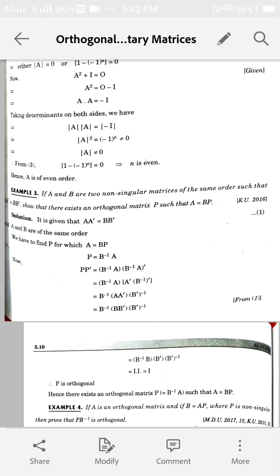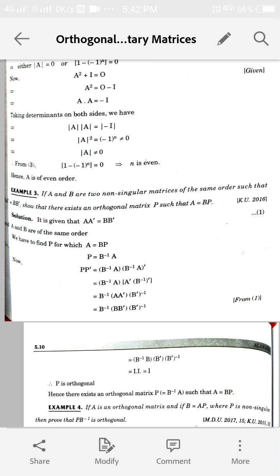Now we are to prove that this matrix P is orthogonal. So we multiply it with its transpose. So we find the value of P into P transpose. Now we can write P into P transpose as, here put the value of P as B inverse into A, again B inverse A transpose. Now AB transpose will be B transpose into A transpose. Now apply this result.